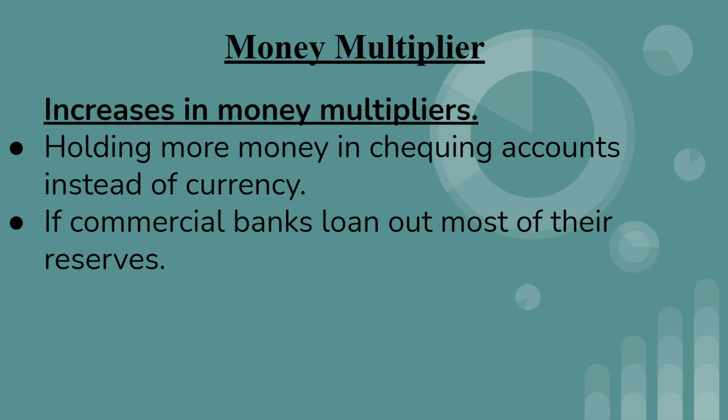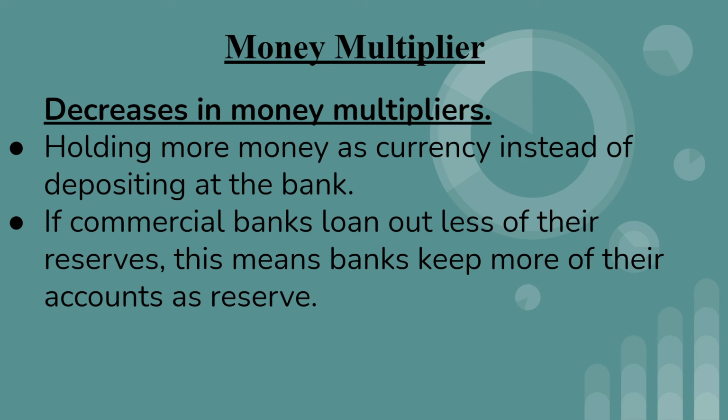So if the bank used to hold 50% of the deposit, but now decides to hold only maybe 10% and loan out 90%, then it's going to increase the money multiplier. And also the opposite is true for decreasing.